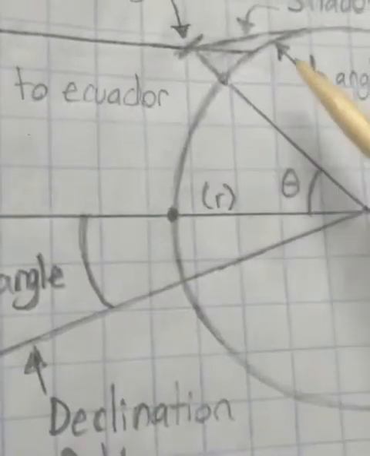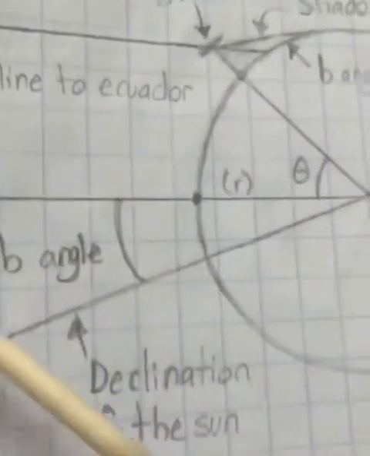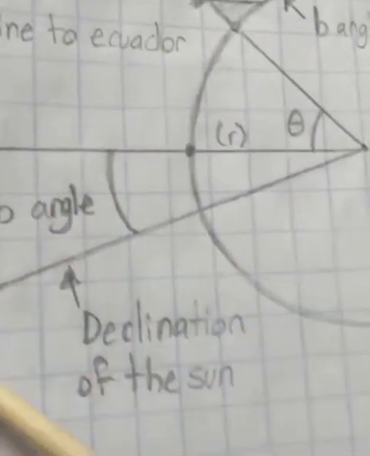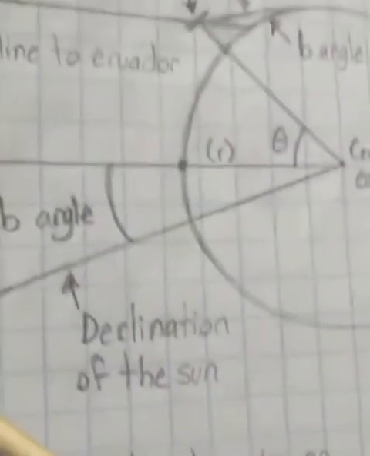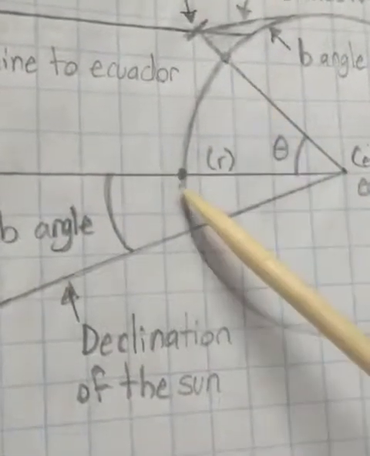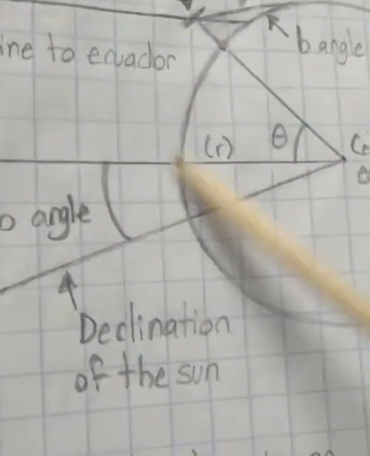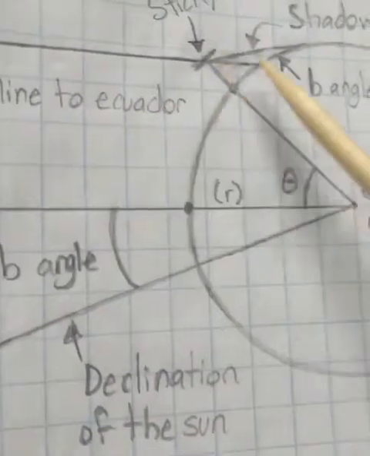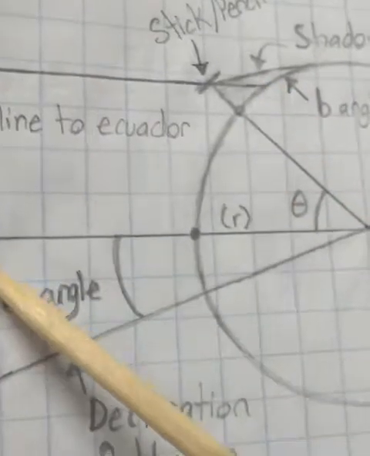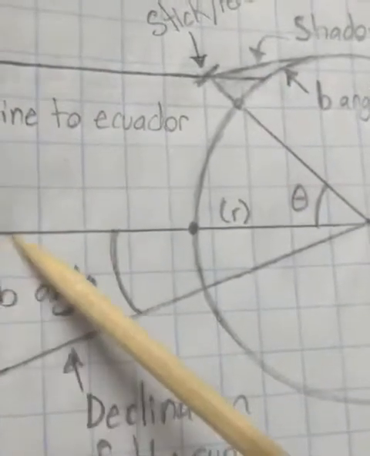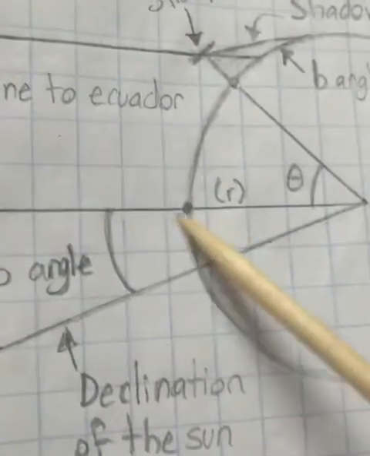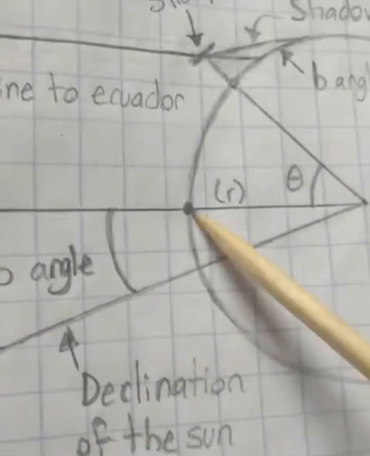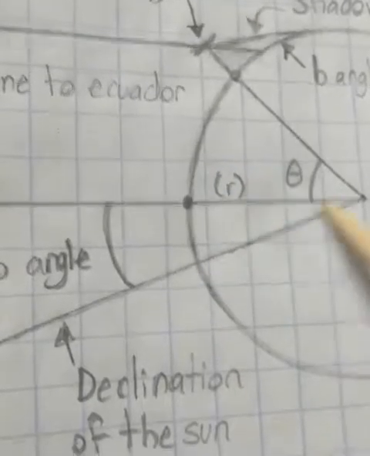And now we need to consider too this B angle right here, which is the representation of the declination of the sun in regards with the earth. So we need to consider these two. This is the equator. This equator line represents the middle of the earth, and it's actually the radius we want to calculate.